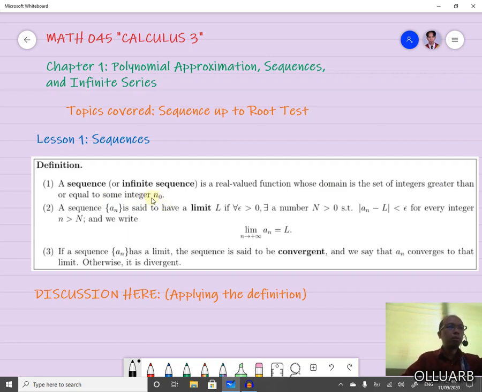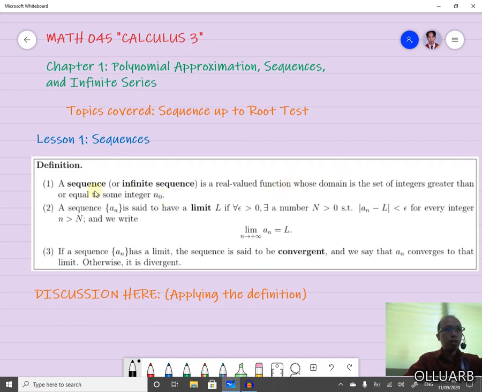Notice that some books define a sequence as a real valued function whose domain is the set of positive integers, but I prefer this definition because in the next topic, when we talk about infinite sequences, they will start at n equal to 1, or maybe n equal to 2, 4, and so on and so forth. That is why I write here that it will start at some integer n naught.